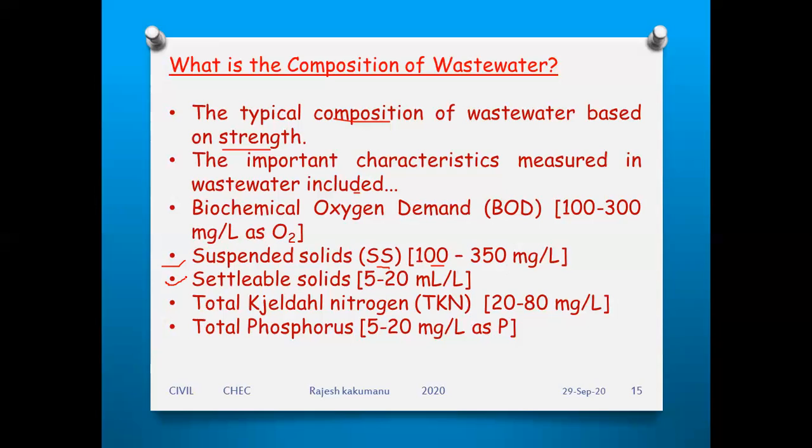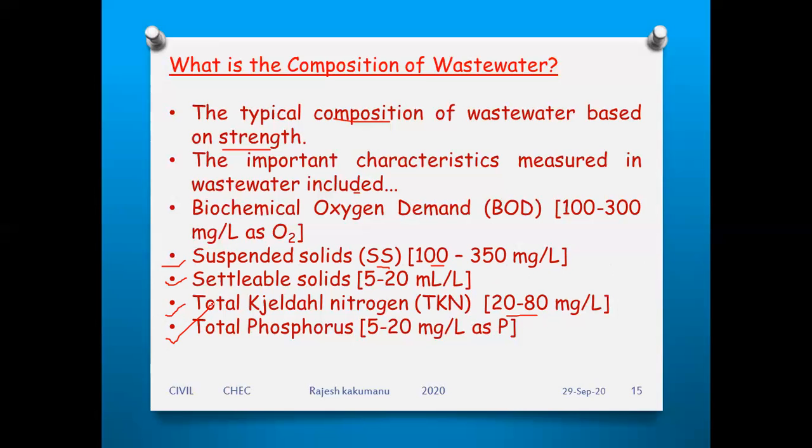Third one is total Kjeldahl nitrogen, abbreviated as TKN. How much nitrogen? Here it is 20 to 80 mg per liter. Next, total phosphorus content, that is 5 to 20 mg per liter as phosphorus.